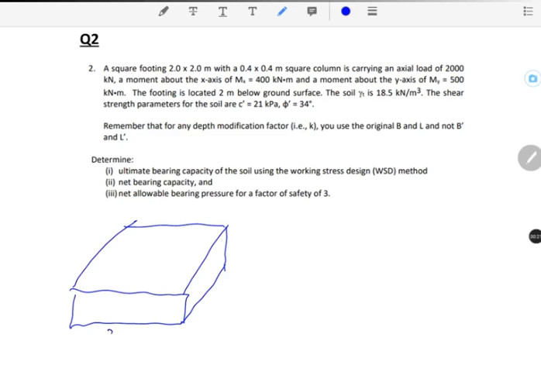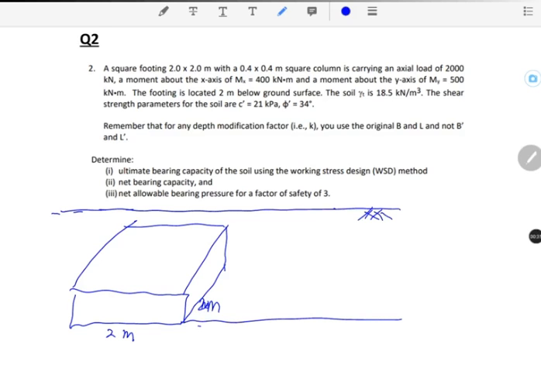It has a width of 2 meters by 2 meters, and this is the ground surface, and the embedment depth, 2 meters.